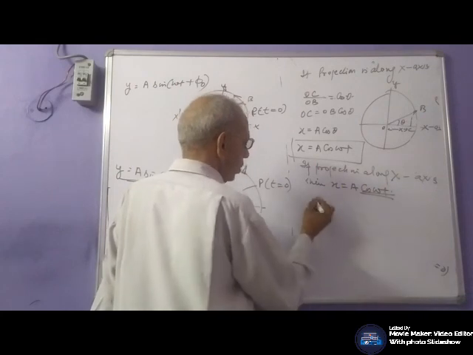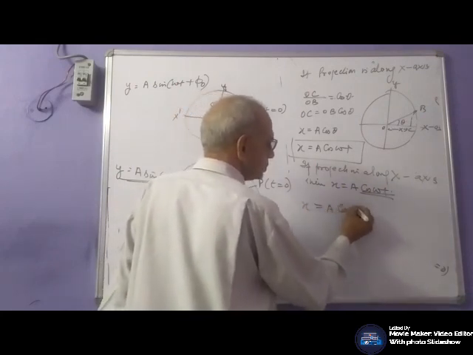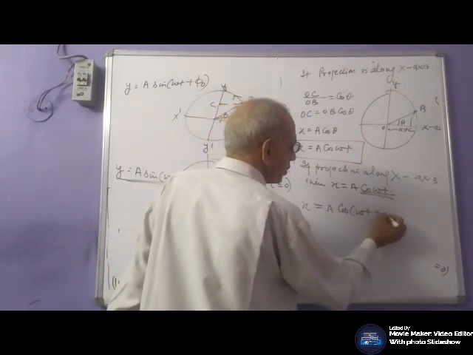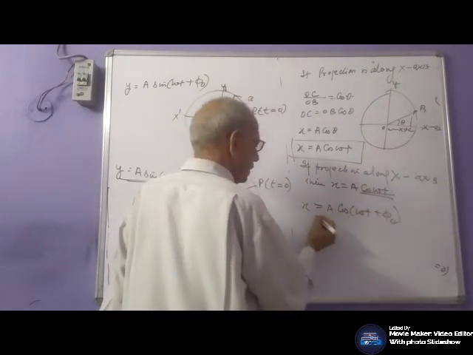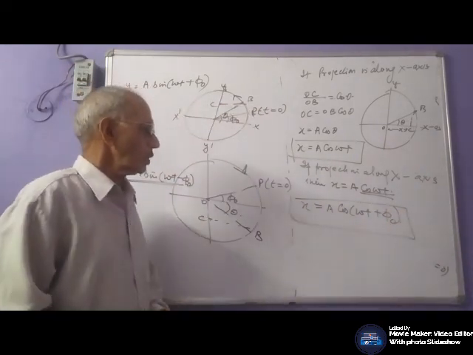We will get cos. So the general equation will be plus phi naught or minus phi naught as required.